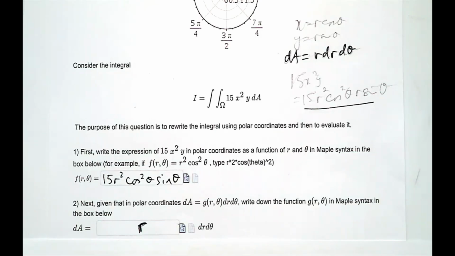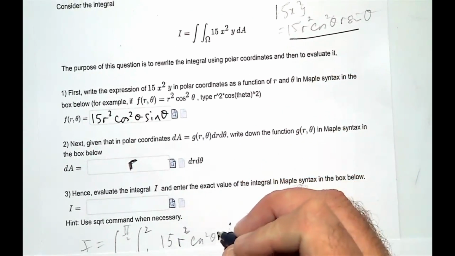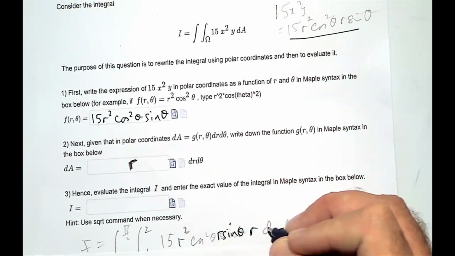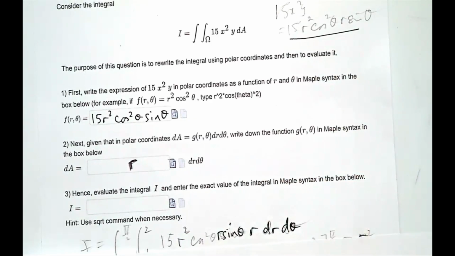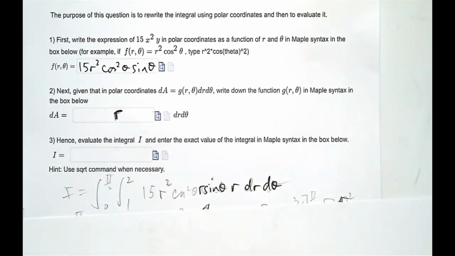And the last part: hence evaluate the integral. So you're integrating from 0 to pi on 2 and from 1 to 2 of that mess. The nice thing about it is that it is a polar rectangle, which means you can split up the double integral as a product.